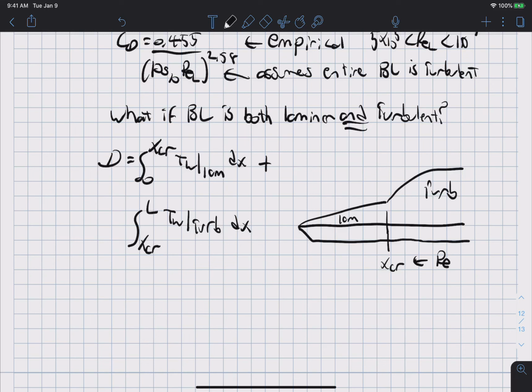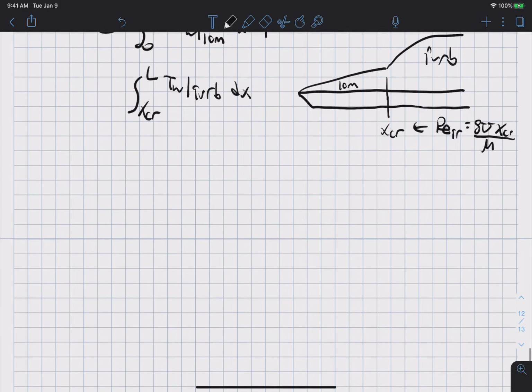Well, remember that the Reynolds number at the turbulent transition for a flat plate boundary layer is equal to rho times capital U x critical over mu. And if you solve that for x_cr, x_cr is equal to the Reynolds number at transition times the viscosity divided by rho times capital U.